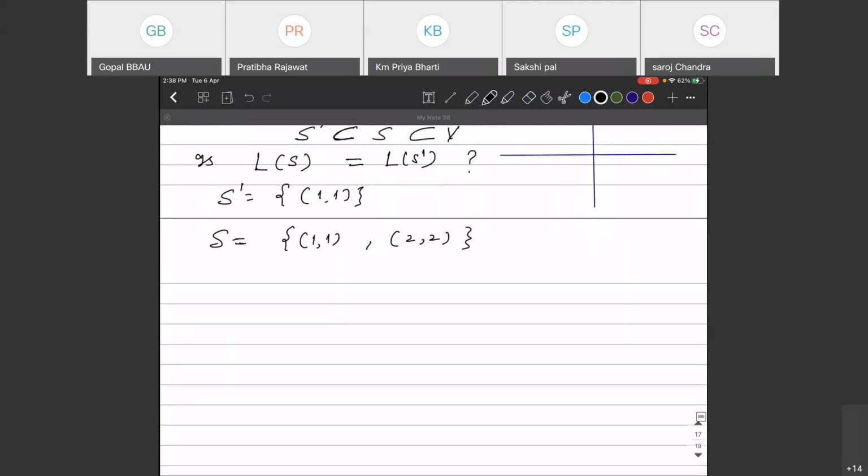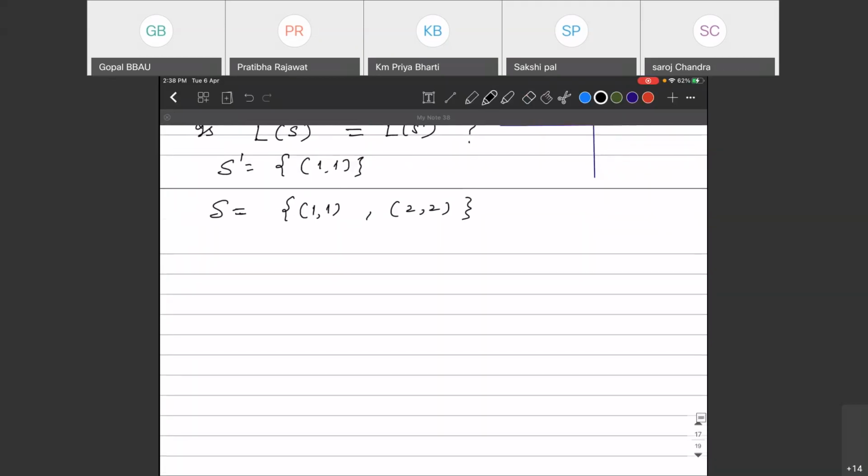This is one set of subsets, and another set is S1 dash is 1, 1, S2 dash is 1, 1, minus 1, 1.